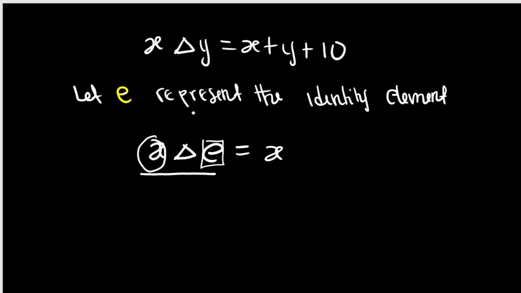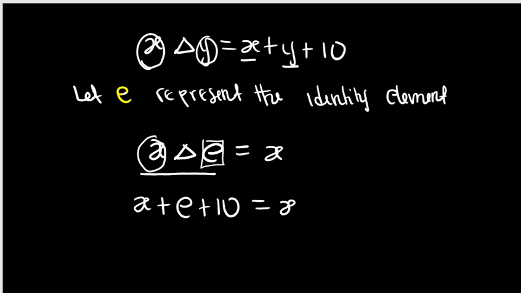From the definition, what we have before the operation operating on what we have after the operation is equal to what we have before plus what we have after plus 10. In this case, we have x plus E plus 10, and this is equal to x. We want to find E, our identity element, so we make E the subject.